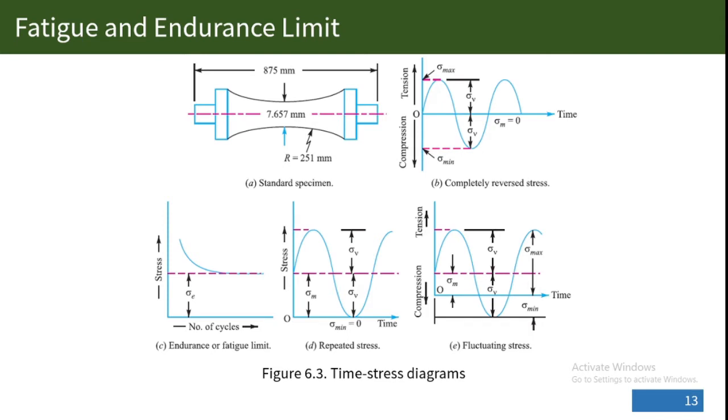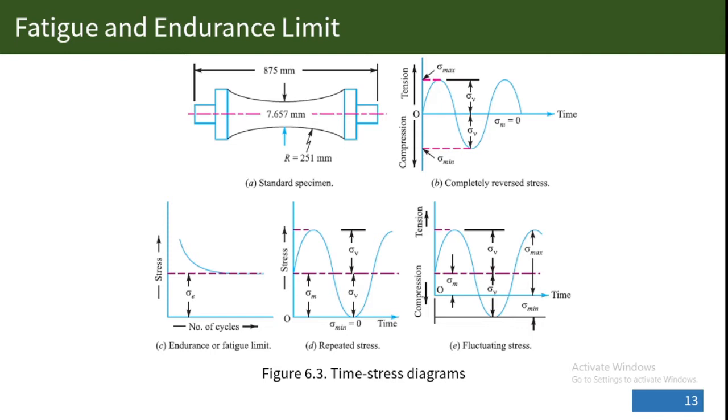By this method, a standard mirror polished specimen, as shown in figure 6.3a, is loaded in bending. So it is subjected to a bending load. As the specimen rotates, the bending stress at the upper fibers varies from maximum compressive to maximum tensile, while the bending stress at the lower fibers varies from maximum tensile to maximum compressive.